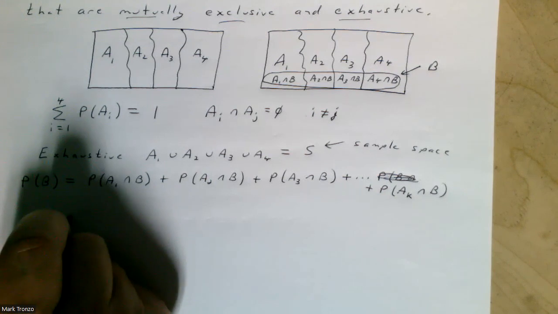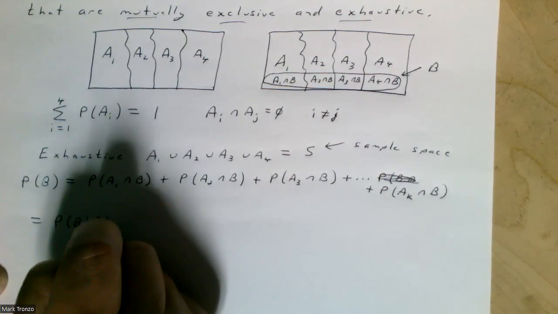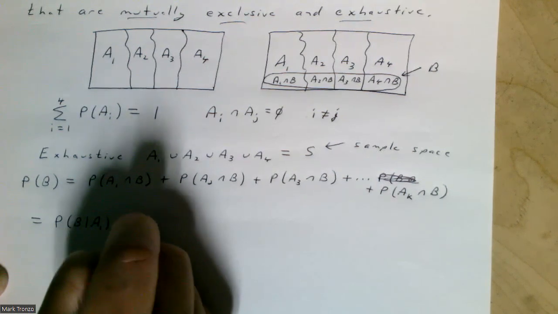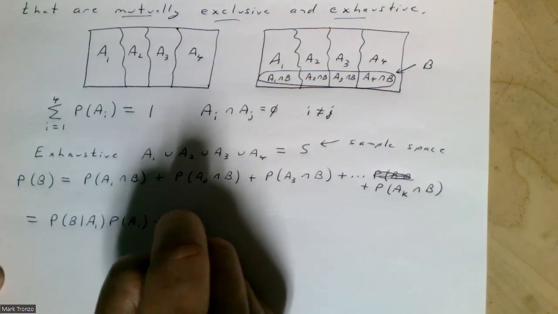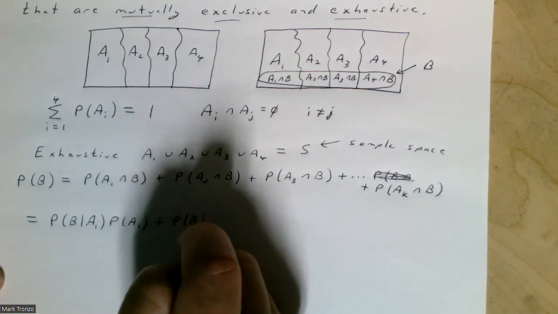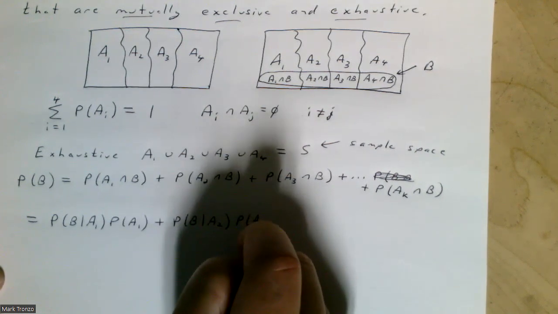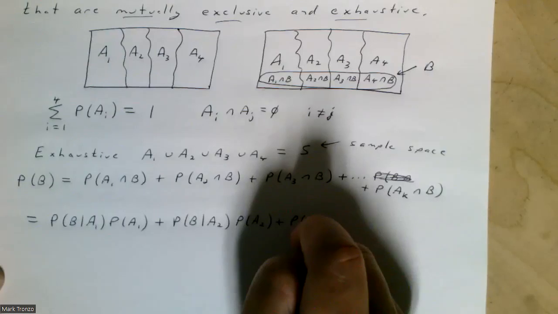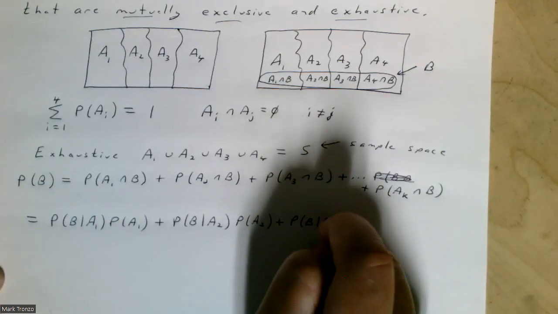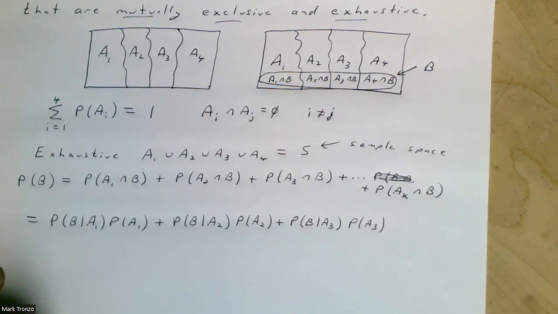Again, this is equal to the probability of B given A1 times the probability of A1, plus the probability of B given A2 times the probability of A2, plus the probability of B given A3 times the probability of A3.